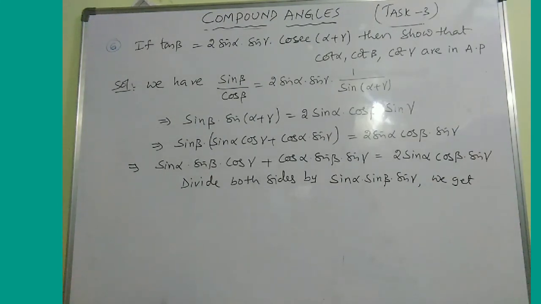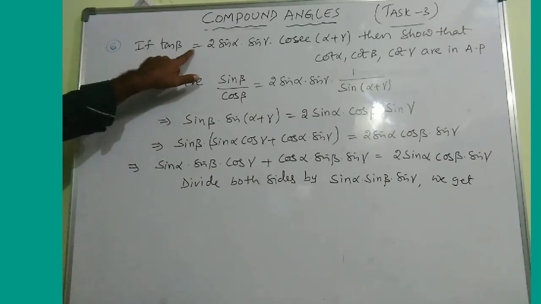Look at question number 6. If tan beta is equal to 2 sin alpha into sin gamma into cosecant of alpha plus gamma, then show that cot alpha, cot beta, cot gamma are in AP.